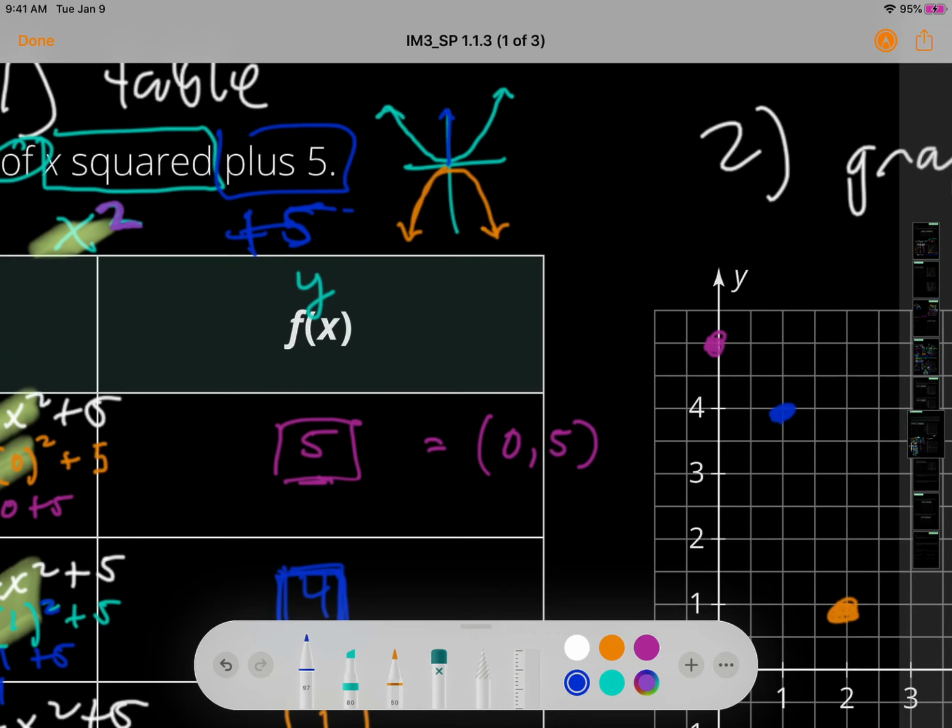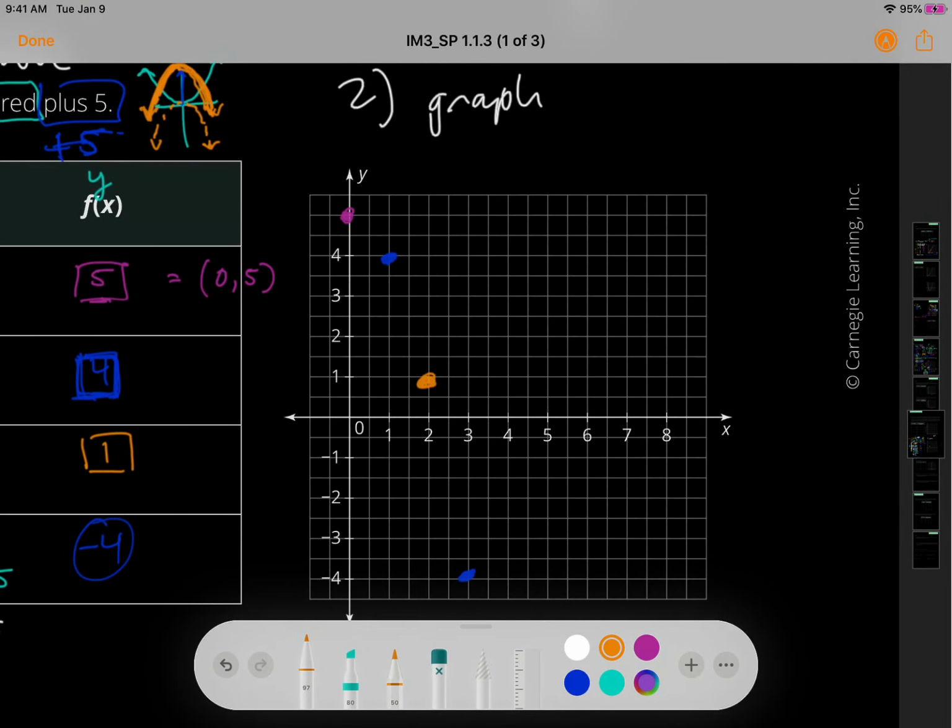So now your new graph, let me just do dotted, but really the graph that I really want is pushed up 5 like this. And so if you look at this darkened graph, you'll actually see it over here.